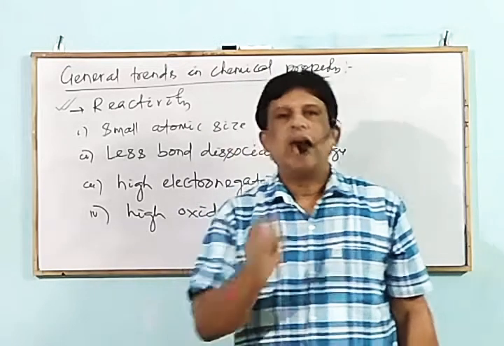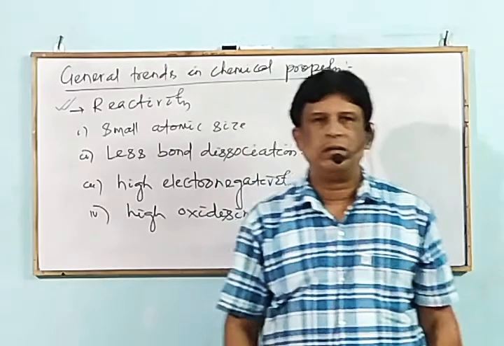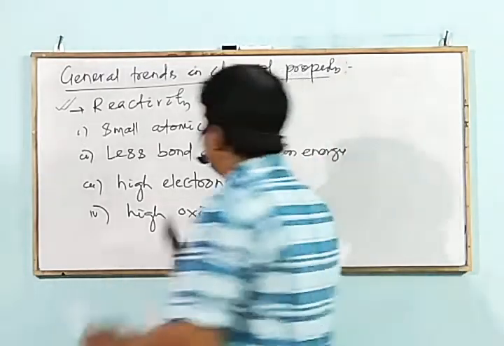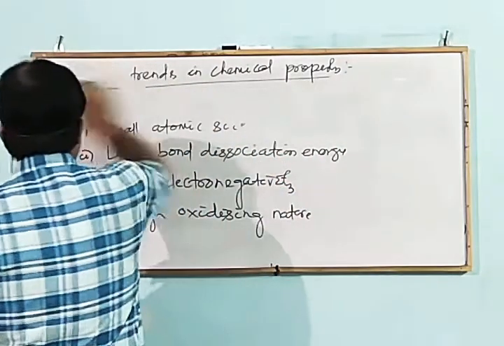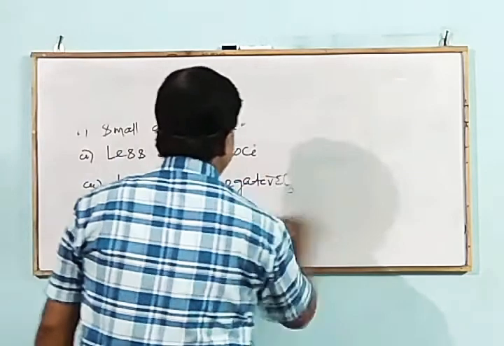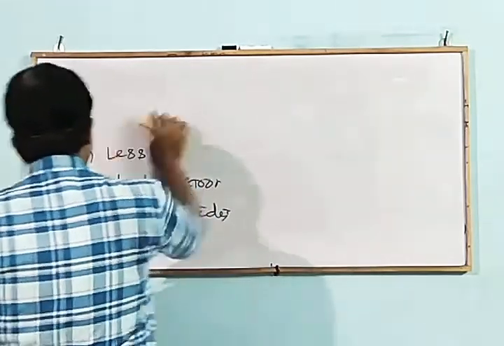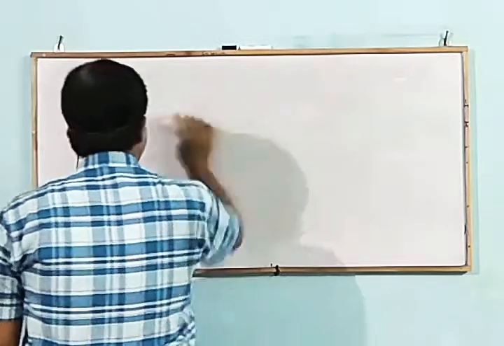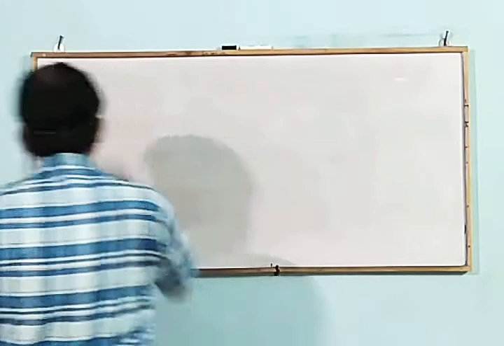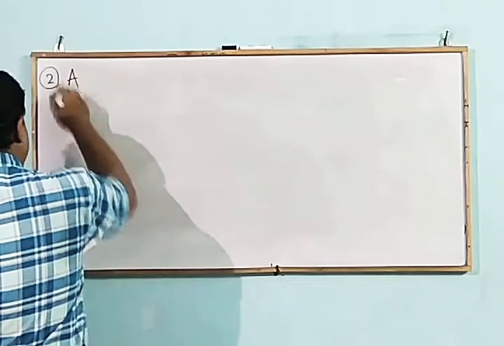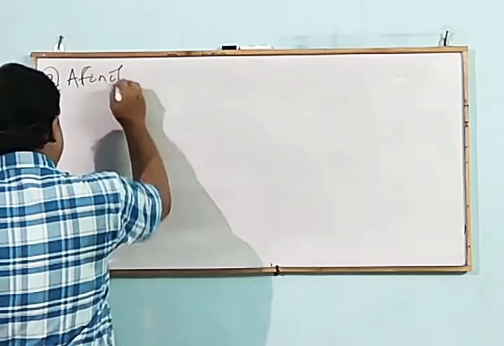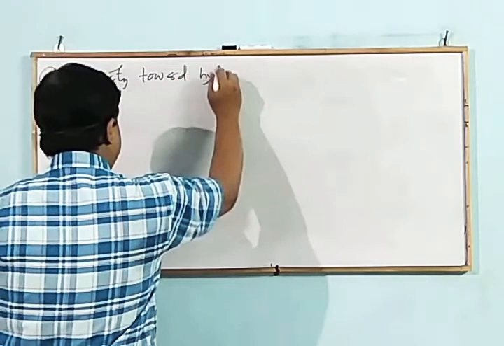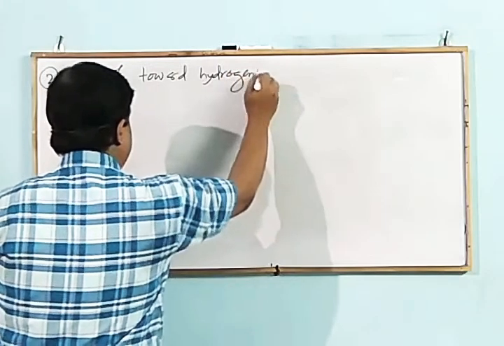Next, we discuss affinity towards hydrogen for the formation of halo acids. Next chemical property, affinity towards hydrogen.